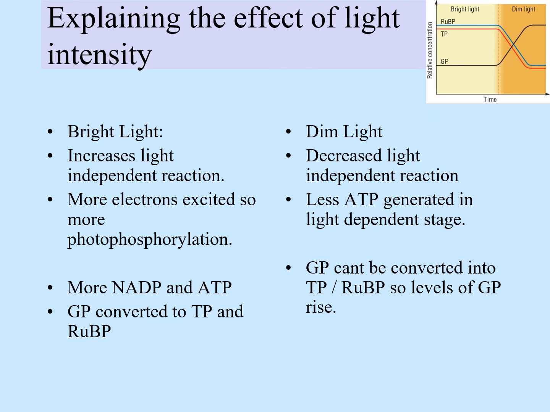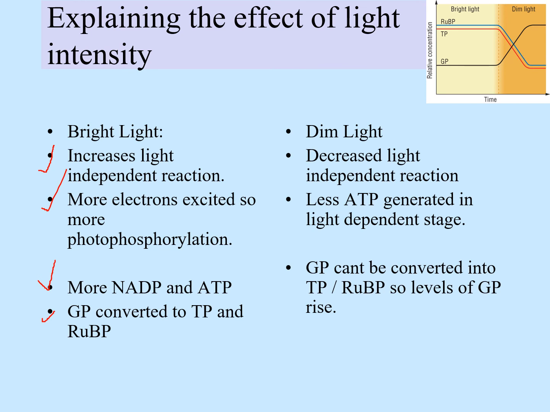So in bright light, you have increased levels of light independent reaction because there's more ATP and there's more energy provided from the light dependent stage, because more electrons are getting excited and therefore you're getting the energy. There's more ATP and more reduced NADP made as a result, and that means your glycerate phosphate is converted to triose phosphate.